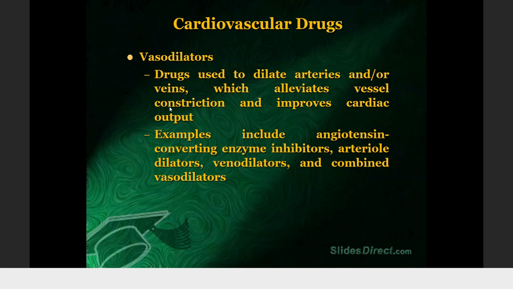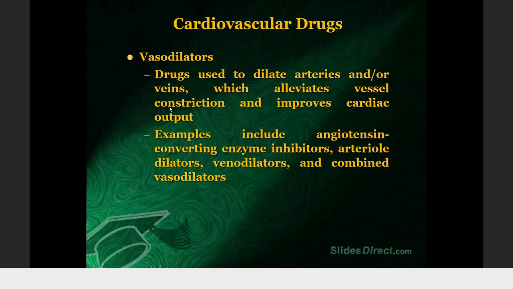How do these angiotensin converting enzyme inhibitors work? People call them ACE inhibitors. Next time if you see the word ACE inhibitor, it is a vasodilator drug. They affect both the arteries and the veins, by blocking the angiotensin converting enzyme, as the name itself says, and preventing the formation of angiotensin 2.